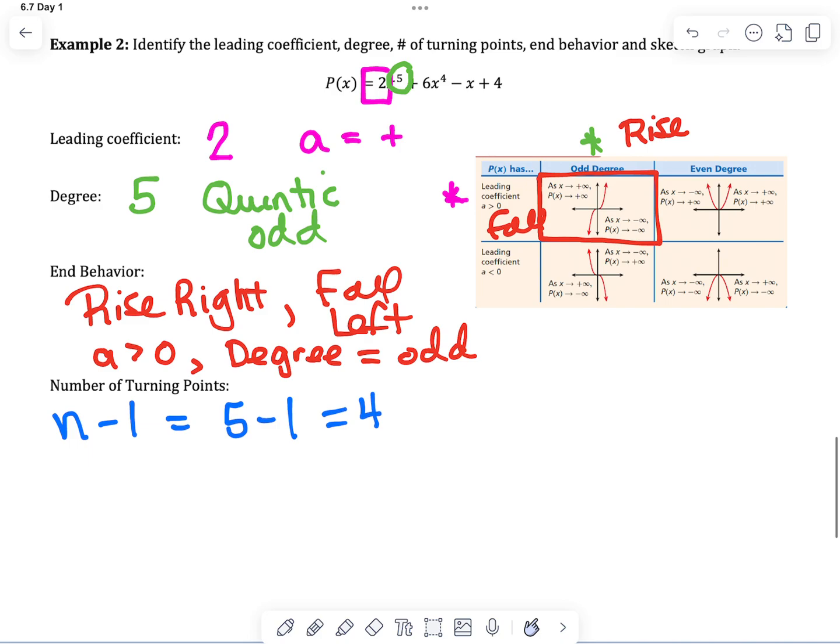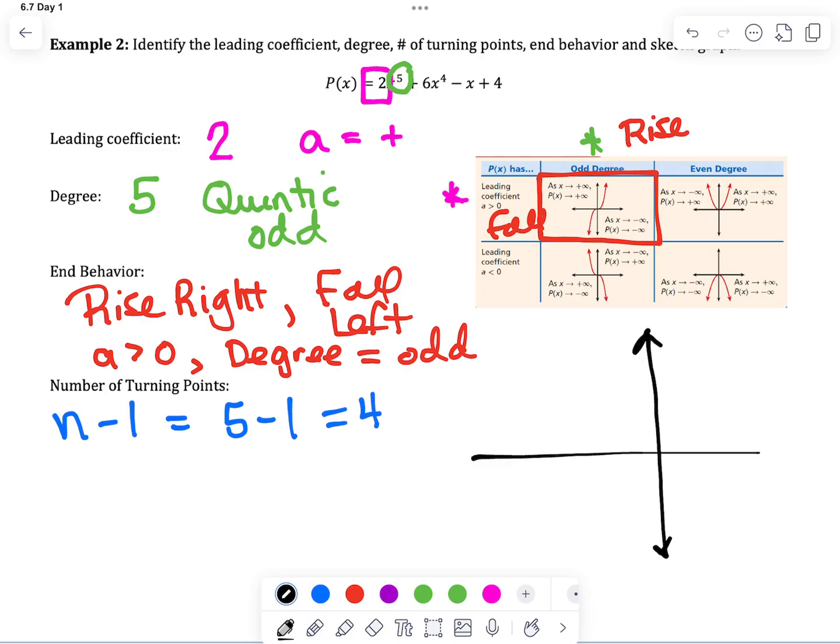Now we're just going to do a sketch. So we know we're going to rise on the right side and then fall on the left side. So that's the end behavior. And then we have 4 turning points.